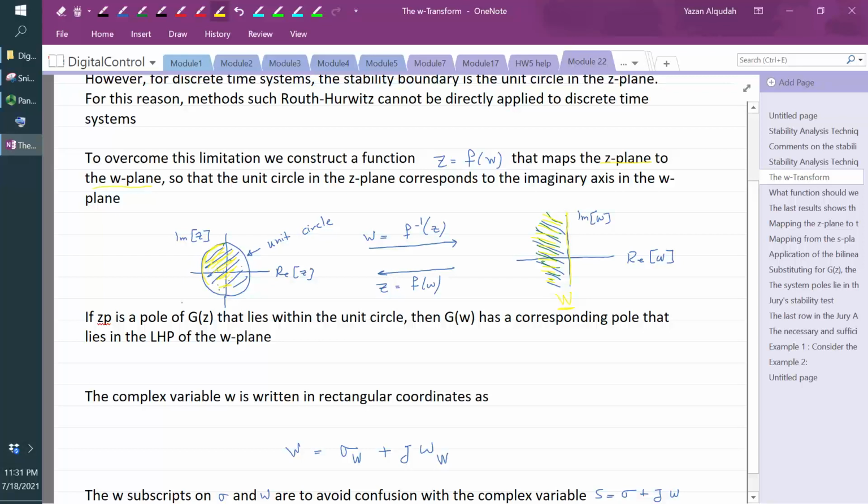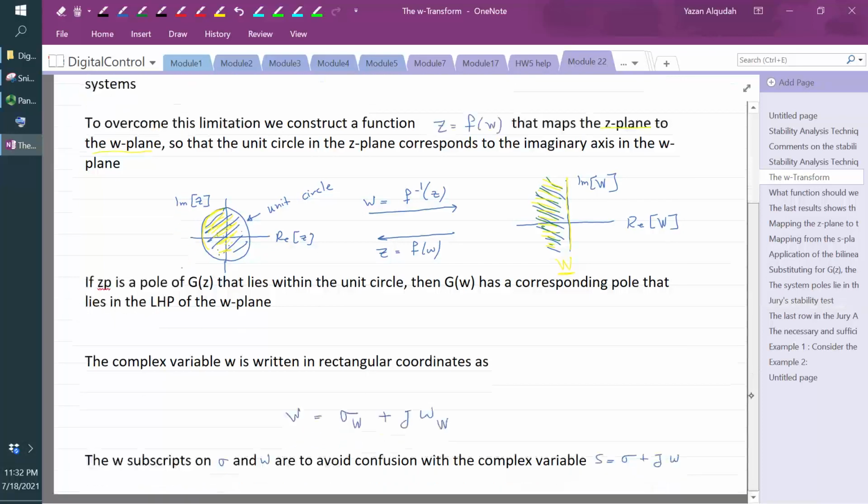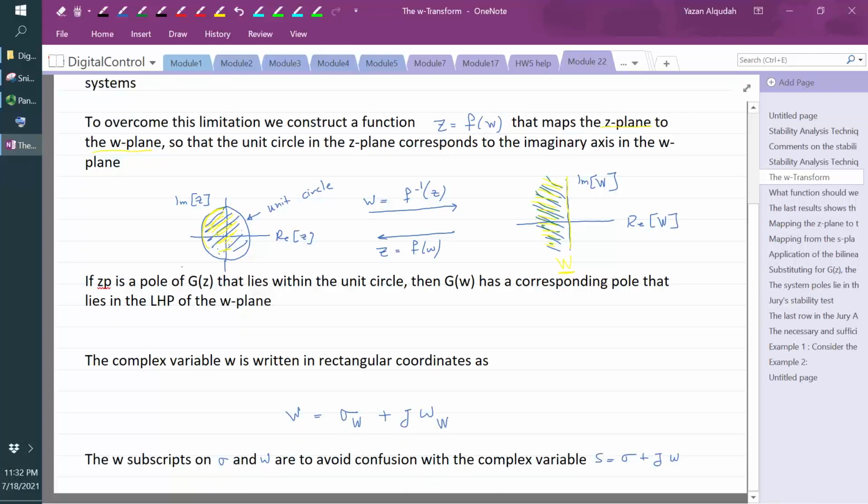Anything outside is going to map to the right half plane. The circle itself is going to map to the imaginary axis of the W plane. This is the imaginary part of W, not omega. This is the real part of W. Now, hopefully the notation will not be very hard to understand. Just keep in mind there is a new notation which is W.